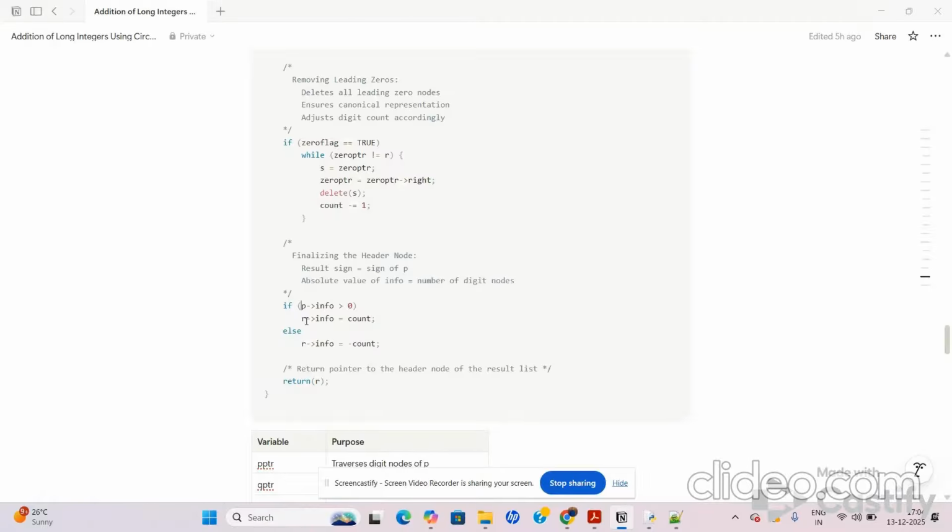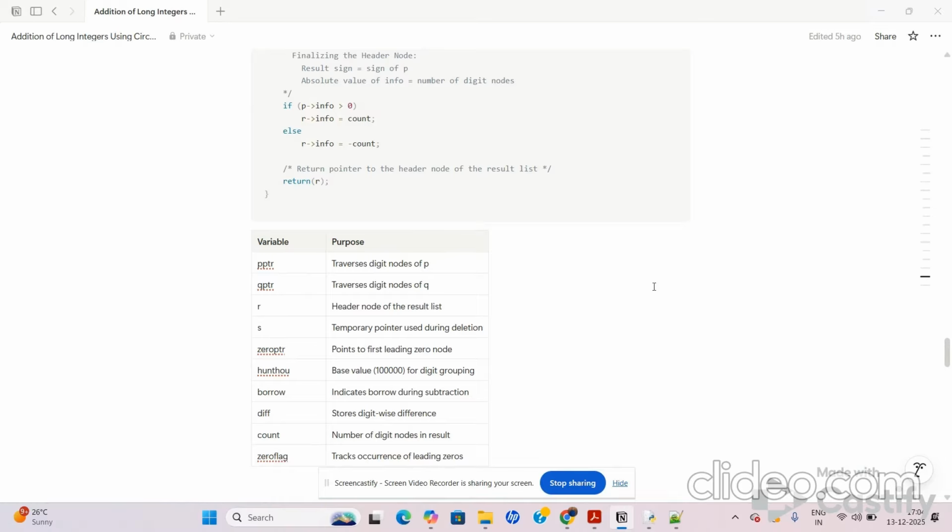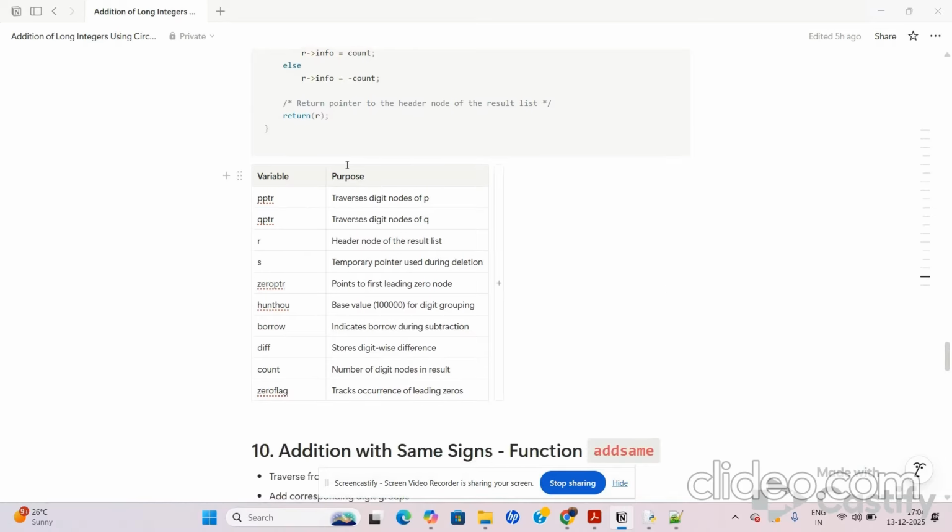Otherwise, if P of info is less than 0, you store minus count. And the absolute value of info is the number of digits stored using the count. Okay, and you finally return the pointer to the header node of the result. And in here you can see what all variables we have used and what their purpose is.